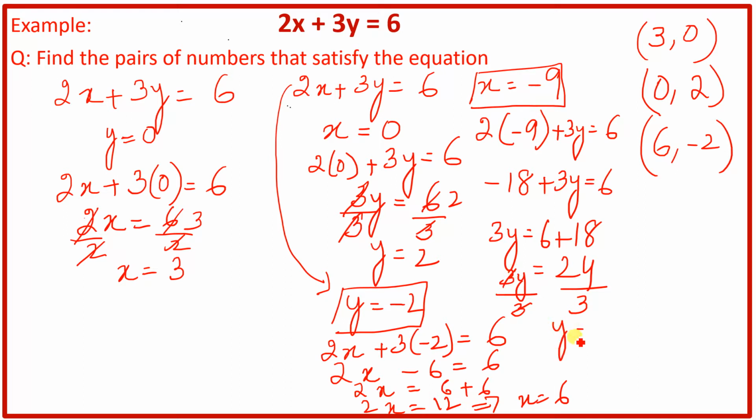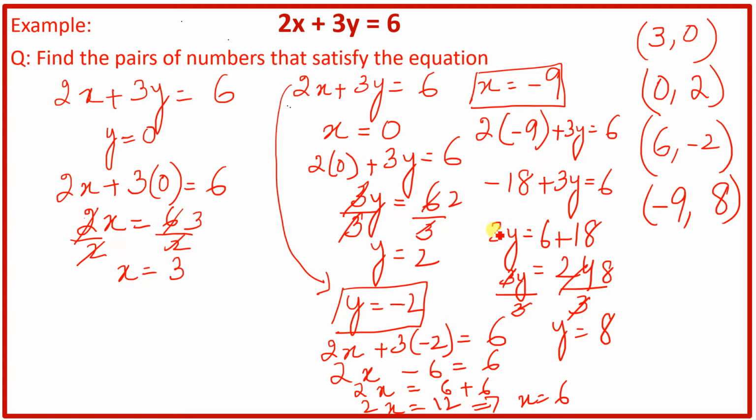So y is equal to 8. So when we put x is equal to -9, the value of y is 8. These are called the solution set or solution pair of this equation. So you can have as many as you want, infinite solutions of this equation.